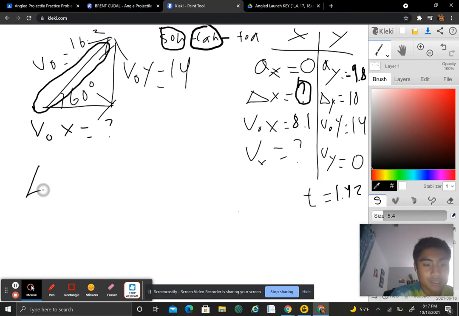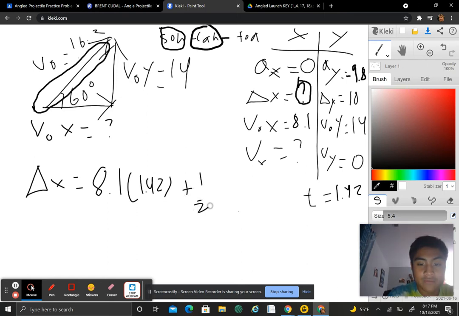which is delta x is equal to initial velocity times time plus 1/2 a, which is 0, times acceleration. Sorry, the 0 is acceleration. So 1/2 times a, which is 0, times t squared. And that doesn't matter because it would end up being 0.